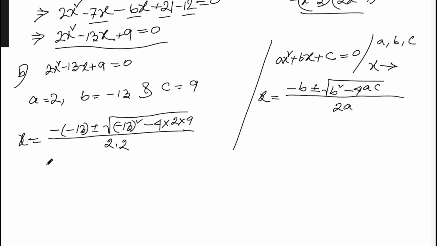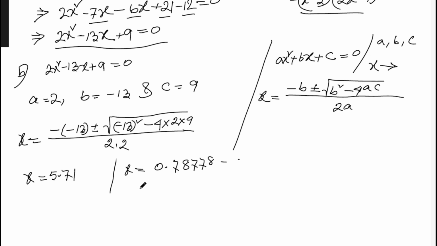So if we calculate the values of x, if we take the plus value, we will get x is equal to 5.71, and if we take the minus value, we will get x is equal to 0.78778, like this.